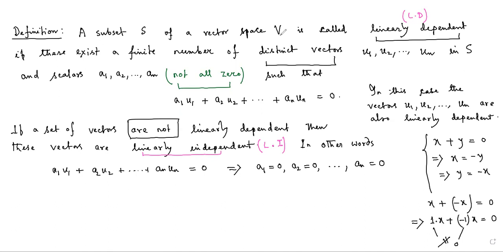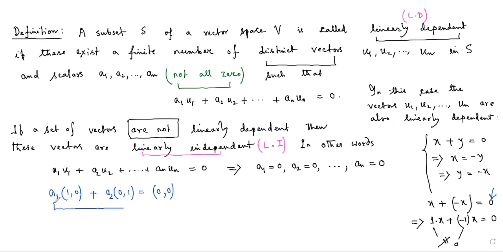But in the example that I chose earlier, I considered the vector (1, 0) multiplied by a1 and the vector (0, 1) multiplied by a2, and instead of the number 0, I considered the 0 vector, (0, 0), of R2 space.